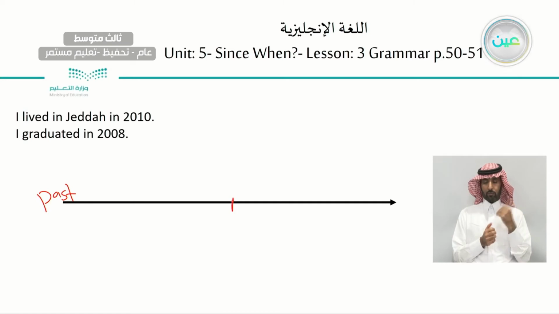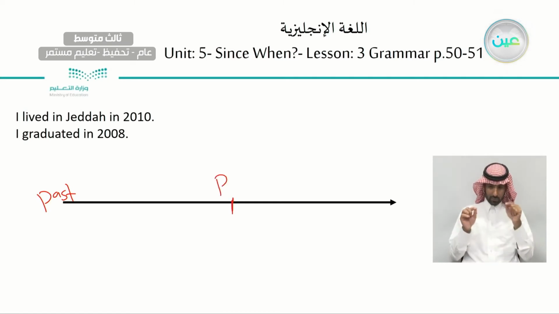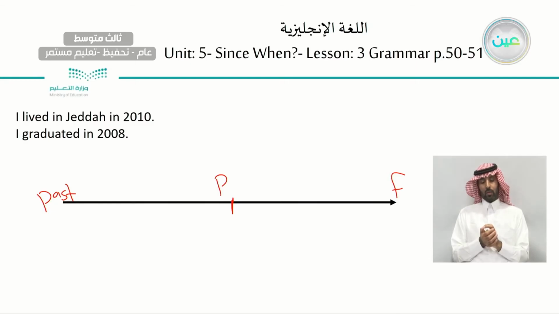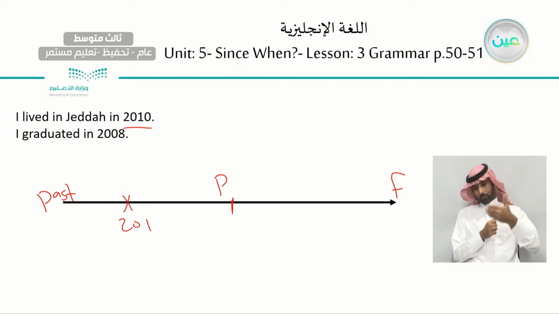And here, this line is the present, and here we have the future. Now we are in 2020, okay? 2021, okay? So here, the year is 2010. So it's in the past, okay? And I said I lived in Jeddah in 2010. So this is the time, 2010.